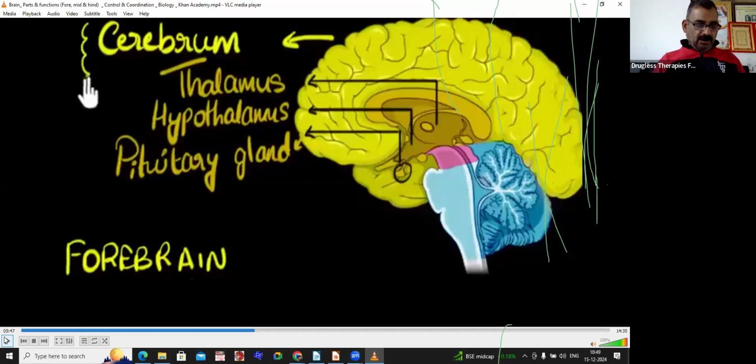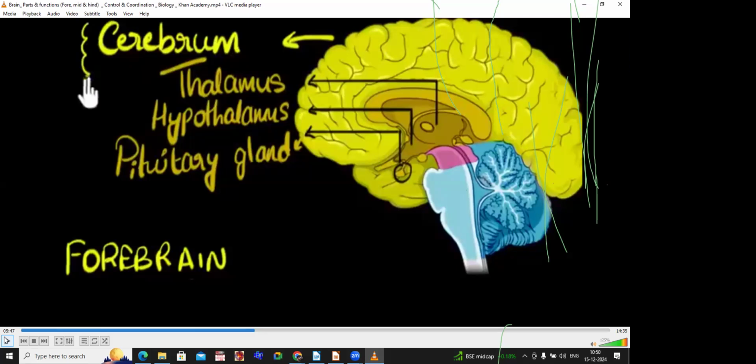OM21 as a paralysis spastic: you can see cerebral cortex, myelin sheath, and medulla. All these are the parts of OM21.